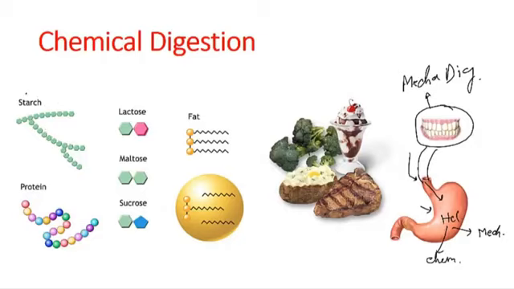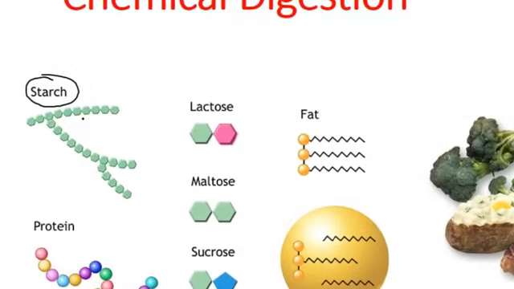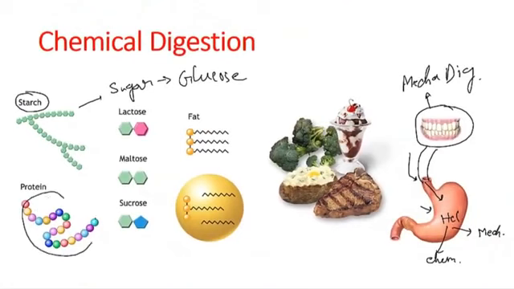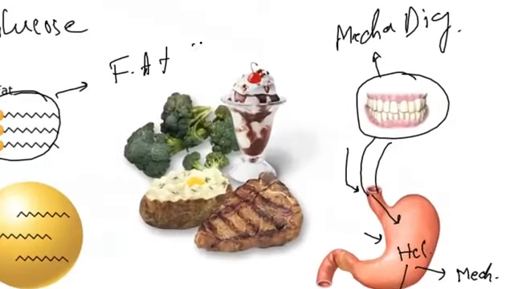The polymer of carbohydrate, for example, is starch. When broken down, it produces the unit sugar, glucose. Similarly, we have protein molecules. When you break them down, they produce amino acids. And we have fats. When you break them down, we get fatty acids and triacylglycerol as unit components.